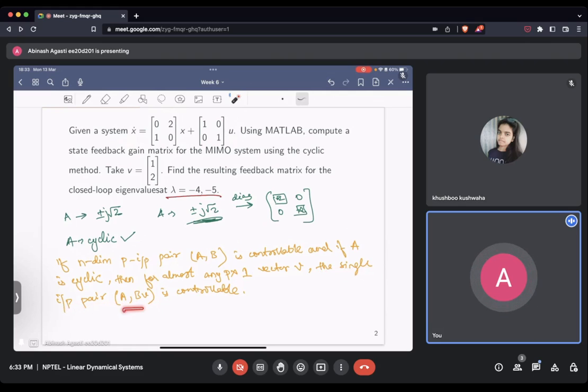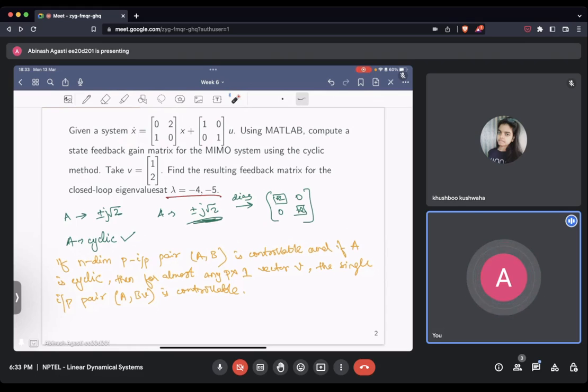So what we are doing is converting the multiple input problem into a single input problem. A remains the same, but instead of U, I give BV. BV now becomes my new B matrix.